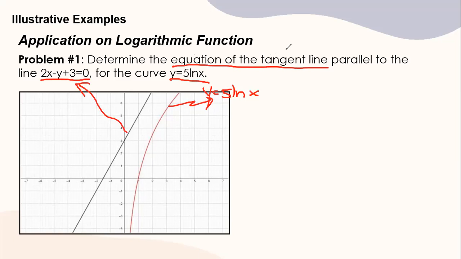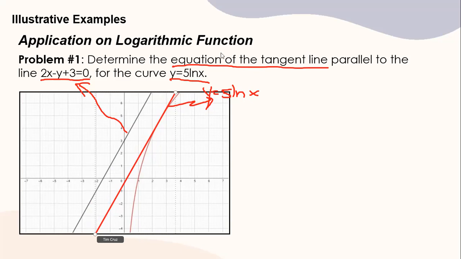Okay. So we have another line. We will be creating another line na parallel daw dyan. Okay? Tapos, tangent sa ating function. So, ito po yan. Okay?